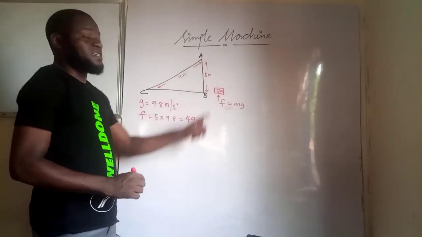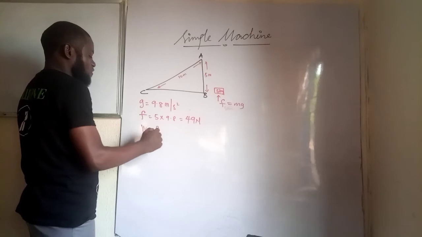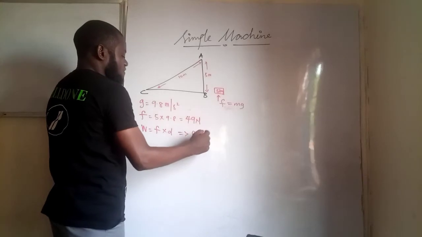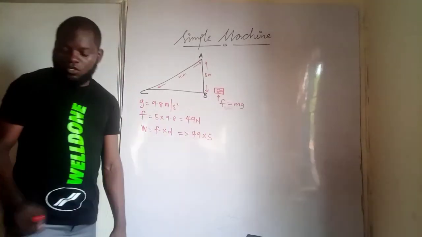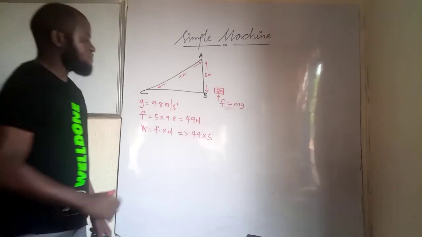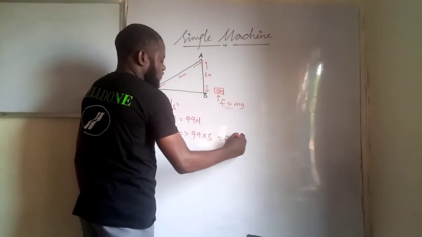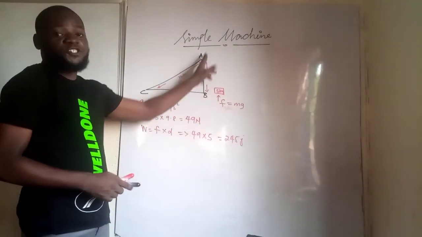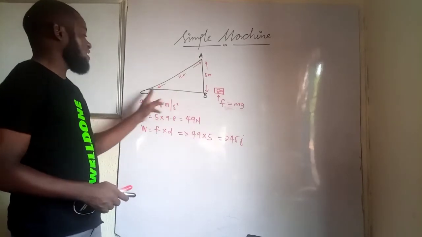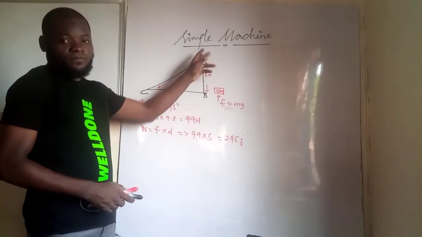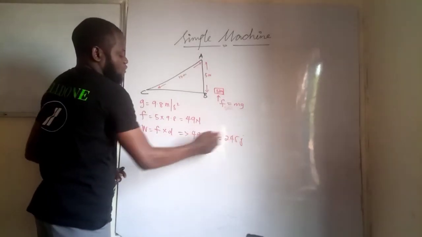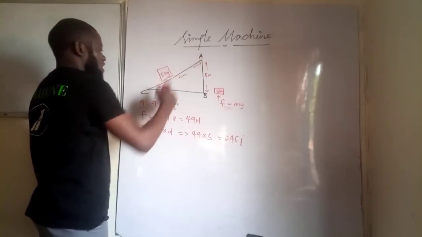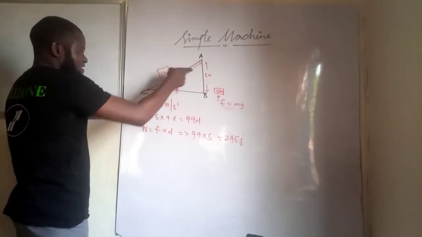Now, what is the work done here? The work done is going to be force multiplied by distance. Therefore, I have 49 multiplied by 5. So, 49 multiplied by 5 will give me 245 joules. Mind you, the work done in taking this body from B to A is the same thing as the work done in taking this body from C to A. So, if this work done is 245, then I can know the force that will take this body from C to A by saying the distance here is 10 meters.